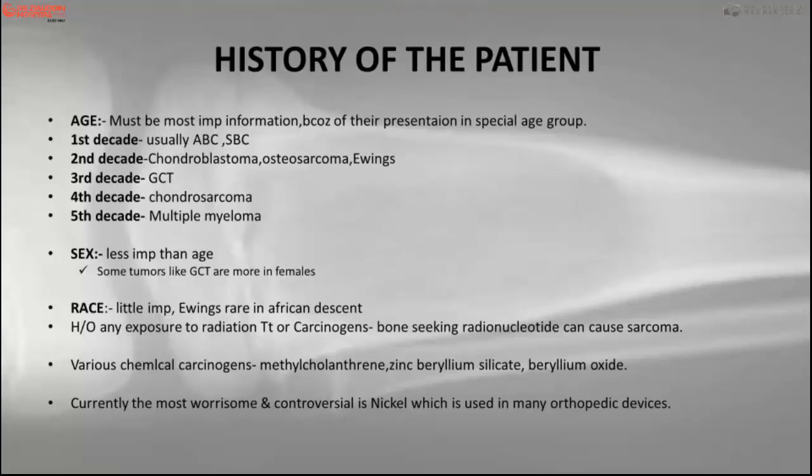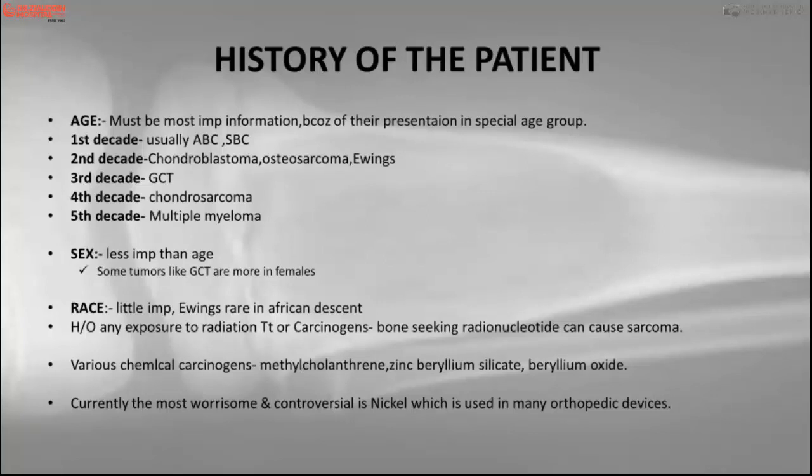Sex is a lesser important heading, but giant cell tumor is more common in females. And Ewing sarcoma is found to be rare in the African race. Then we should also inquire about any exposure to radiation, teratogens, carcinogens, and radionuclides.